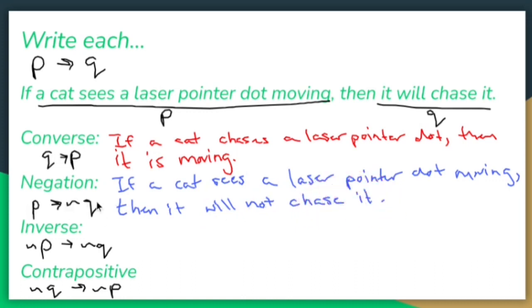So that's what that little squiggly means. That means we're going to take Q and make it a false statement or make it a not. There you have it. Inverse is we're going to write out the same thing but throw a not here and a not here.